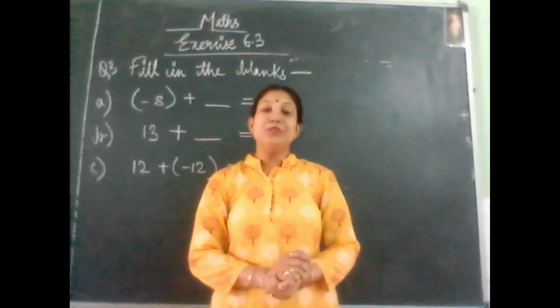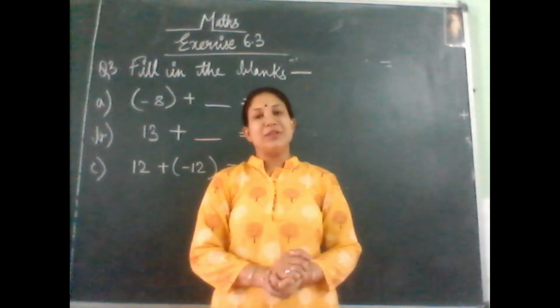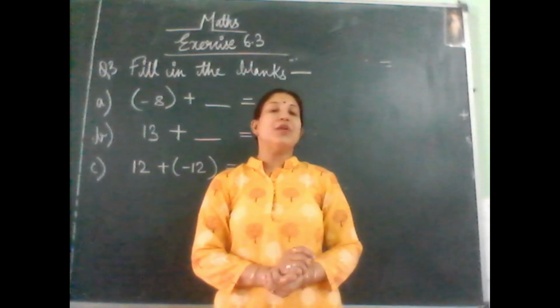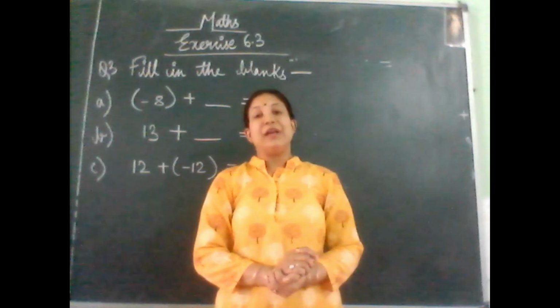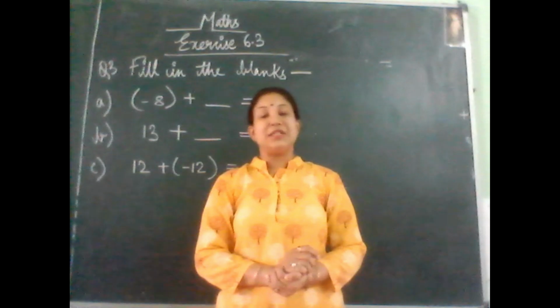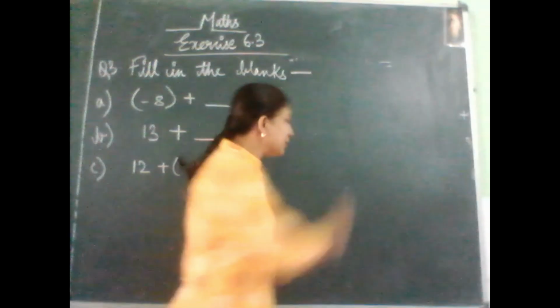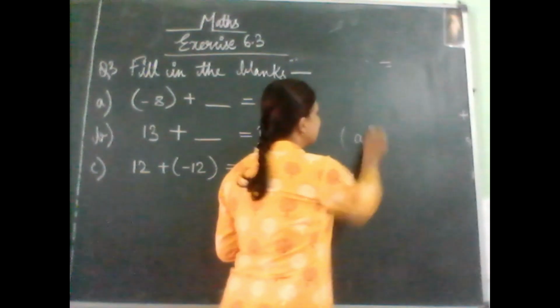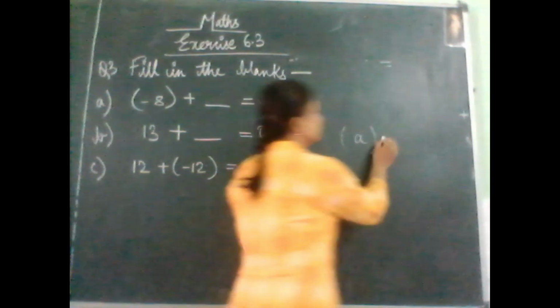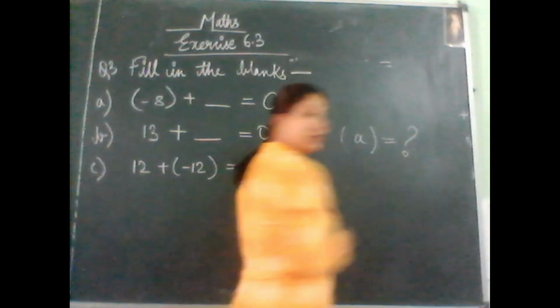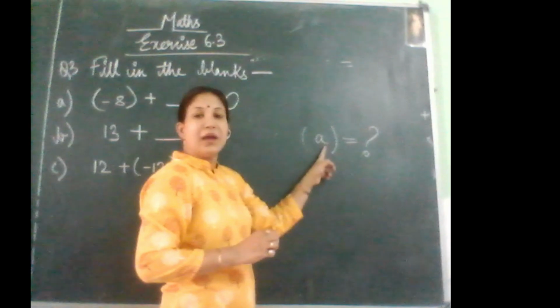Now before proceeding to the third question, let us discuss one small topic that is called additive inverse. Additive inverse of an integer means, take for example, you have an integer a, and I ask you what is the additive inverse of a?